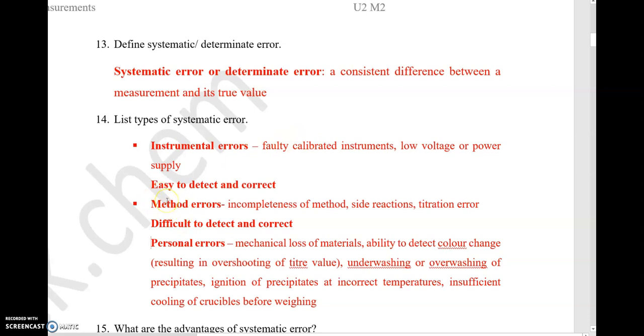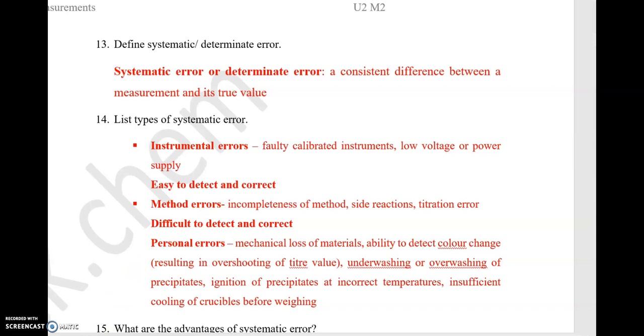Next up, there are systematic errors which are called method errors, which can occur in an experiment. It may be incompleteness of a reaction, there may be side chemical reactions occurring, or one that you would be aware of, which is called a titration error. And what is titration error?